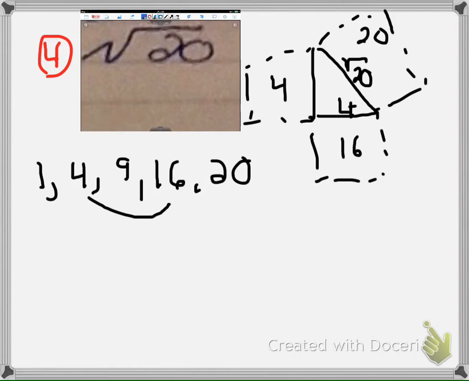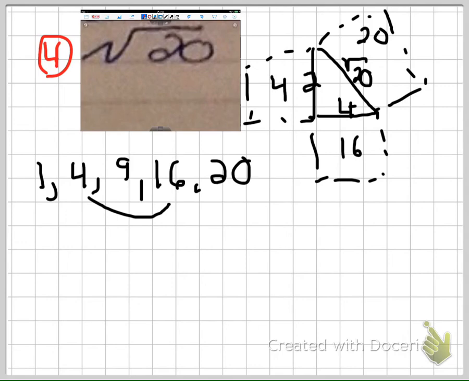And this would be 2, because the square root of 4 is 2. So in other words, if you had a line and it went, I'm going to put some grid paper on here for you, and it went up 2 and over 4, it would have a length of square root 20. So here I go, we'll just put a dot here, up 2 and over 1, 2, 3, 4. And this line has a length of square root 20.